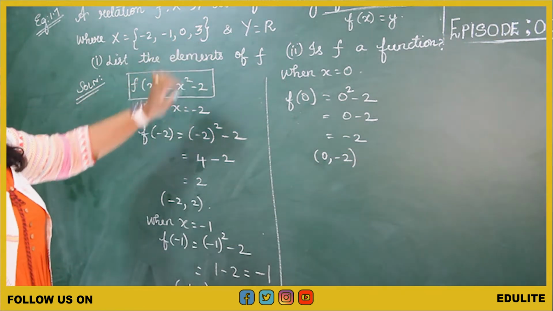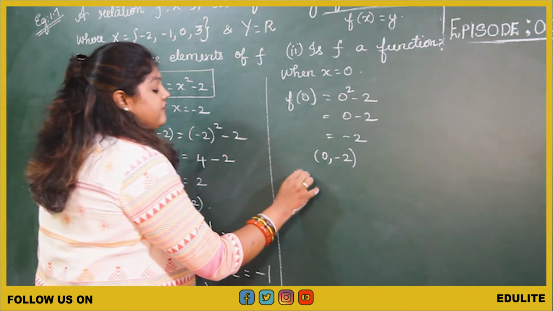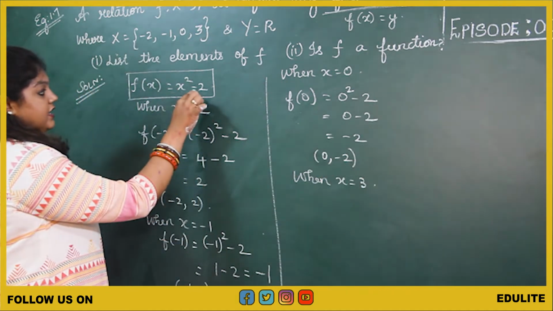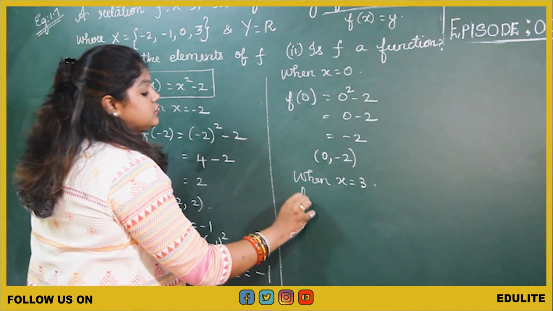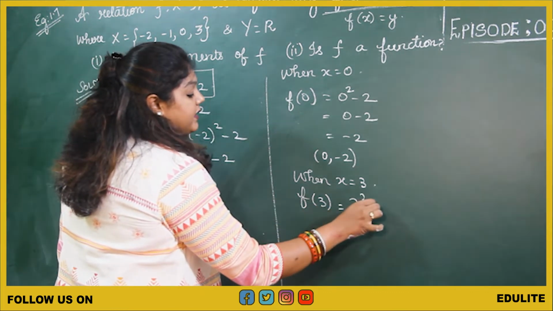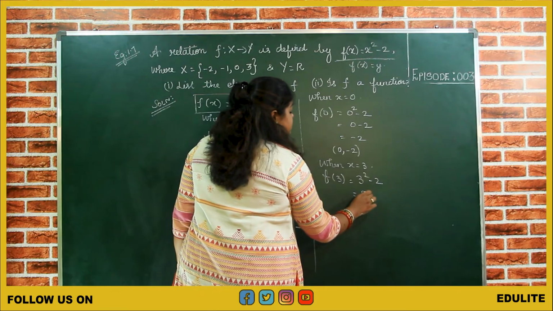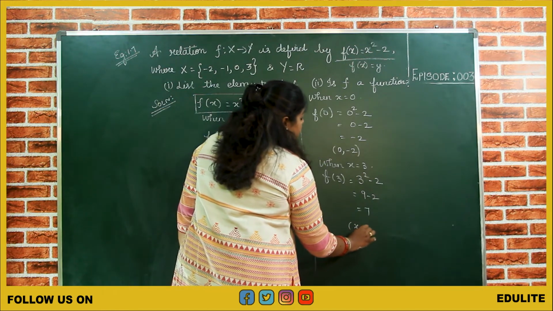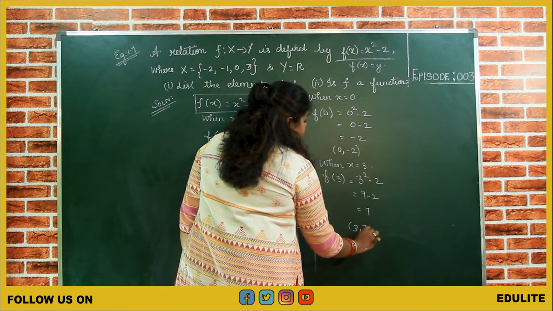Then checking the last value of x, when x is equal to 3, substituting it in the same relation, f of 3 equals 3 square minus 2. So, 3 square is 9, minus 2, 7. When x is equal to 3, the y value is 7.